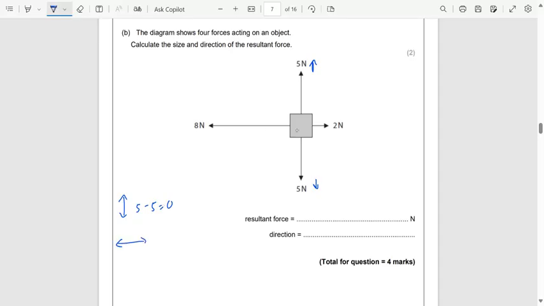In the left-right one, I have 8 and I have 2. So I've got 8 to the left and 2 to the right. If I find the difference between them, it is 6. So the only resultant force is in the left-right direction, and the value is 6. And we can see that the bigger one is to the left, so the resultant force is to the left.